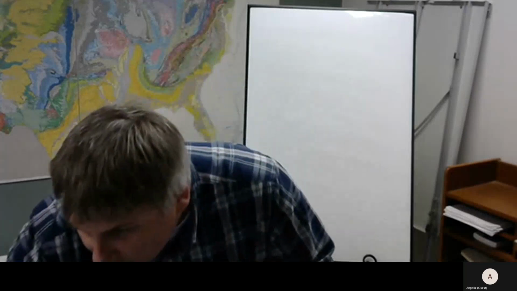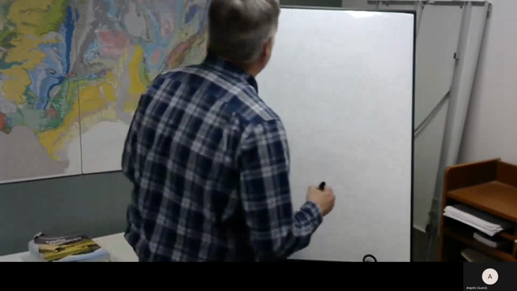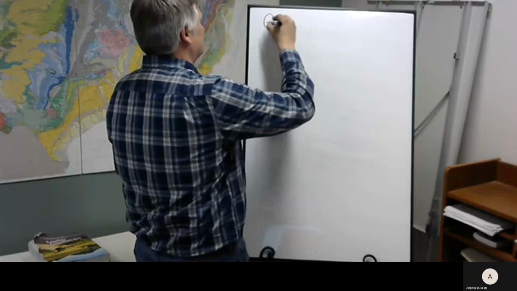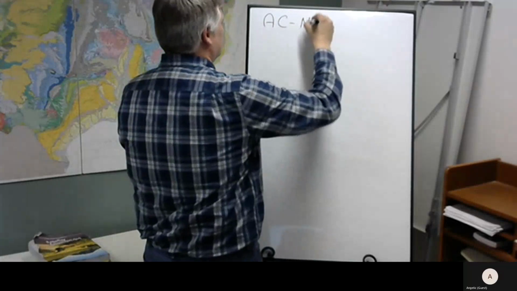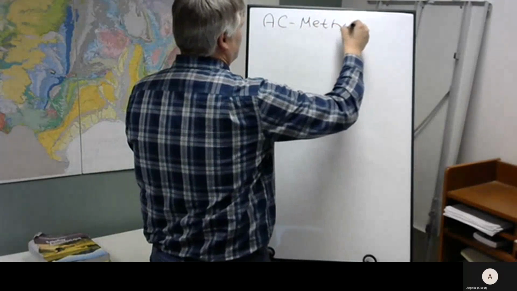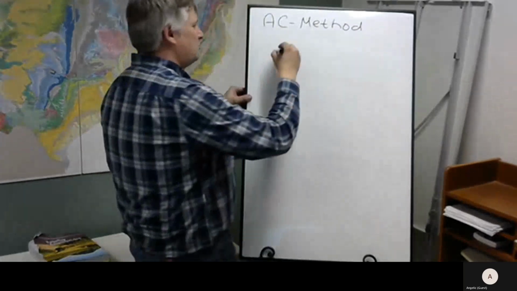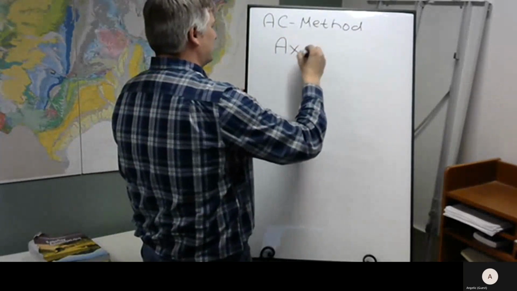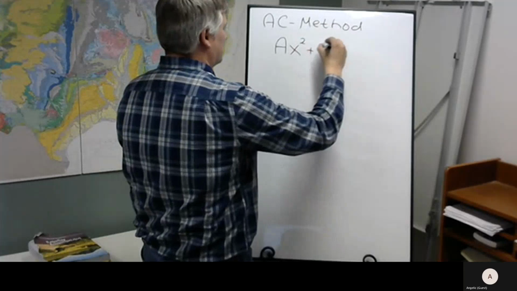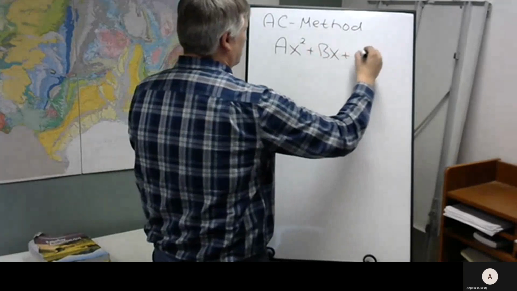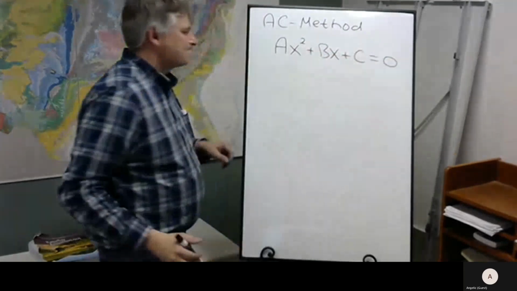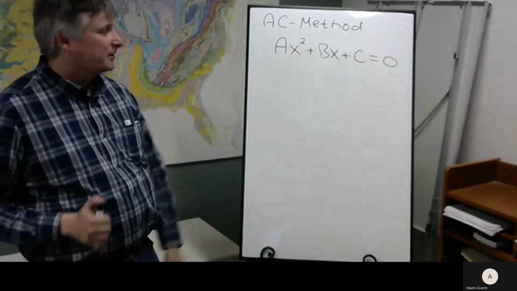We're going to do, so the AC method's pretty complicated. So this is when you do have something attached to the x squared here.